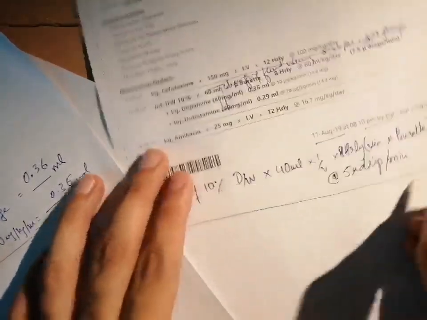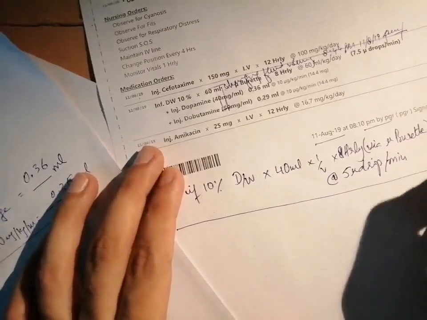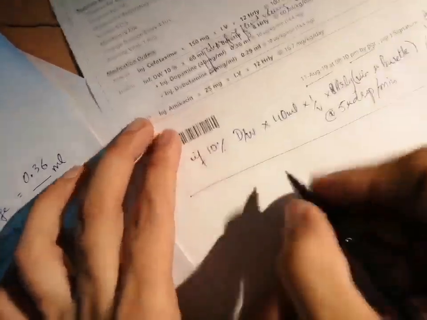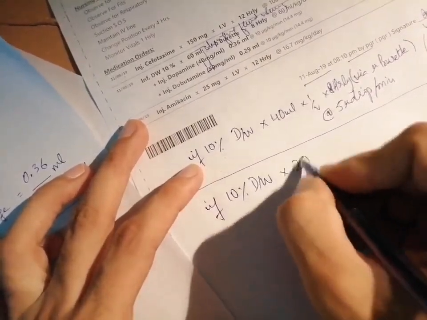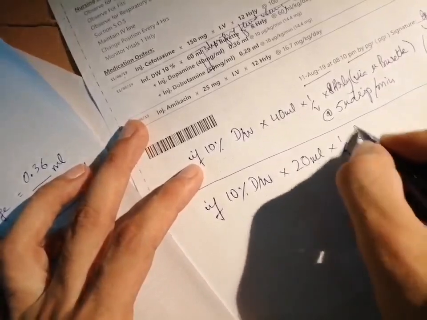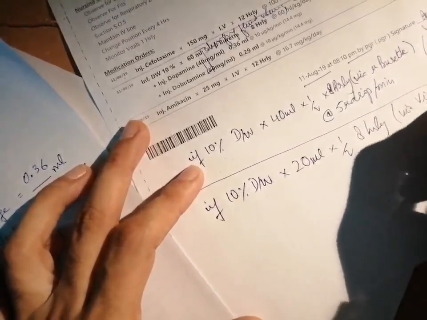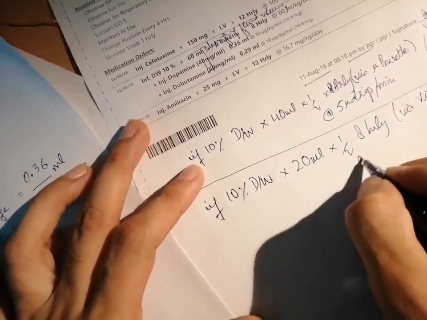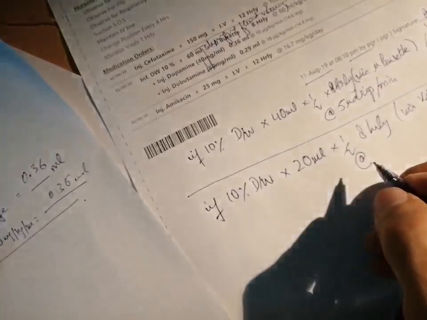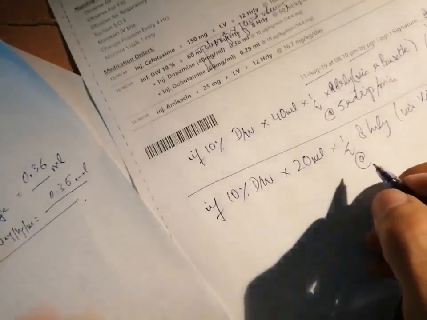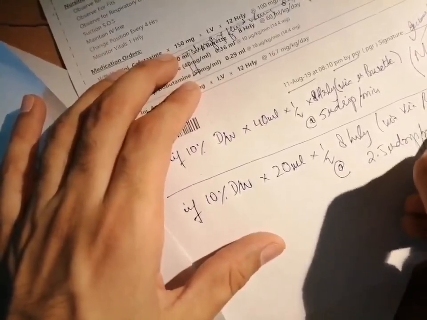Now this is the maintenance, and infusion 10% dextrose water into 20 ml IV 8 hourly via microburette, how many drops? 20 ml over 8 hours. It turns out to be 2.5 microdrops per minute.